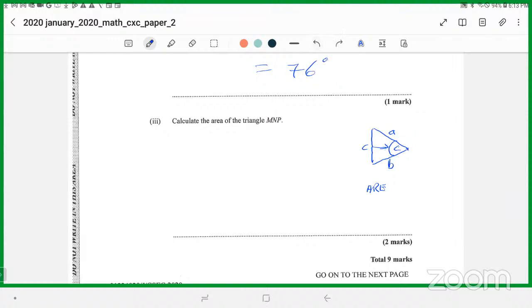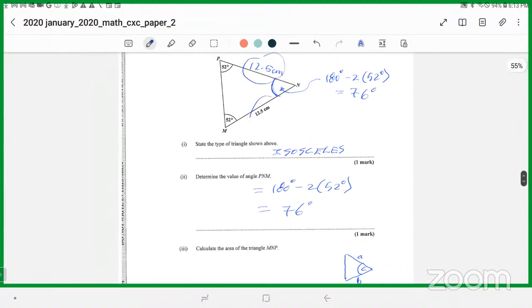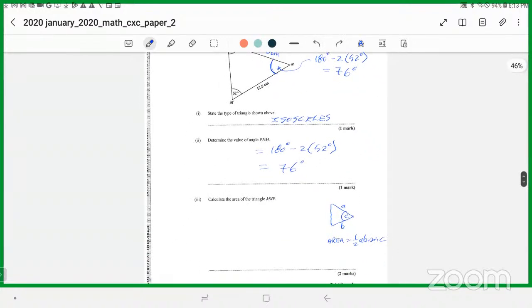That's the standard notation for triangles. That's why I can put this as angle C. All right. So the area would be half ab sine of angle C. If you look at this triangle, this is my a and my b, which are equal, and my angle C would be 76 degrees.